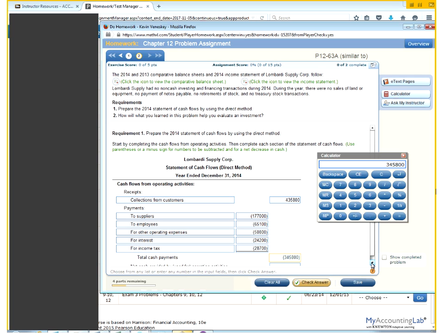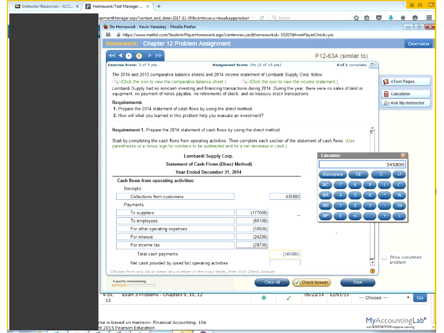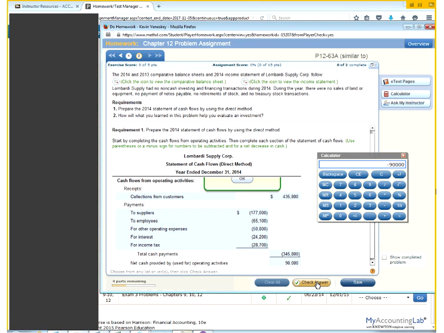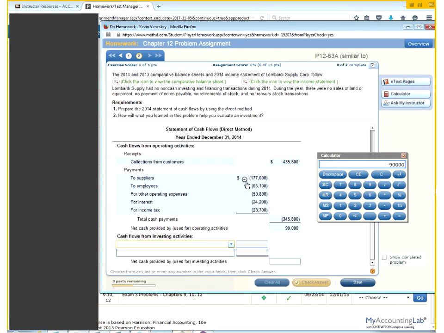And the last thing now, cash provided from my operating activities, simply subtract these two. $90,000. I actually received positive money, the cash collections being the larger number. Check our work. Good. Now let's go to the investing activities.